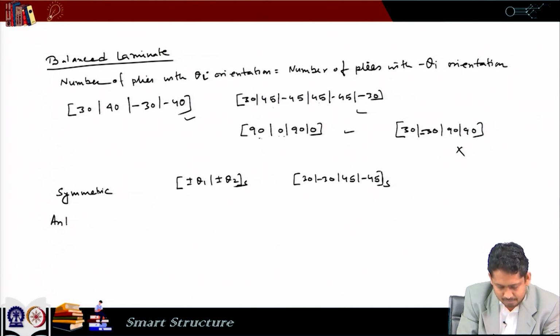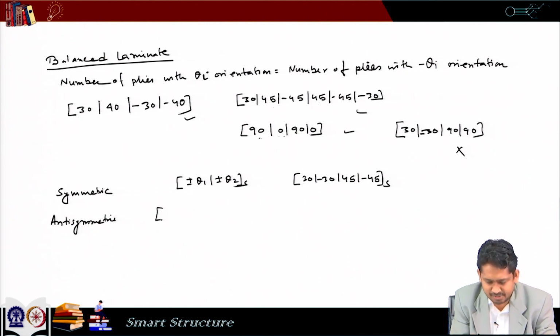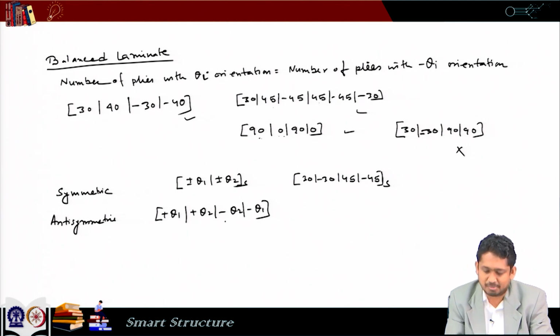It can be antisymmetric. Antisymmetric means plus theta 1, plus theta 2, minus theta 2, minus theta 1. That is antisymmetric, because with respect to the mid plane, if I look at two symmetrically located positions, the orientations are just opposite.